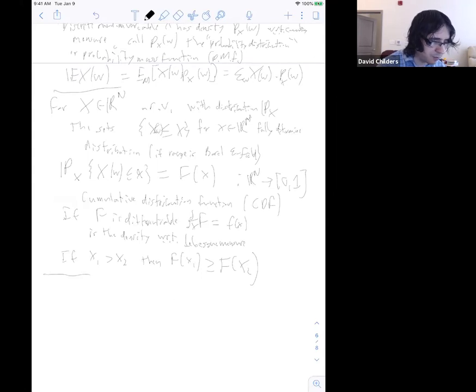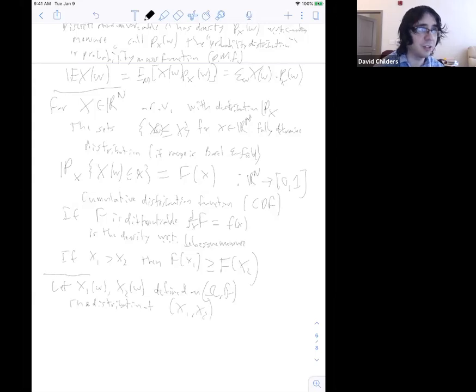Now, other properties of random variables. So if we have two random variables, let x1(omega), x2(omega) be defined on (omega, F). The distribution of x1 comma x2, the vector, is the joint distribution.